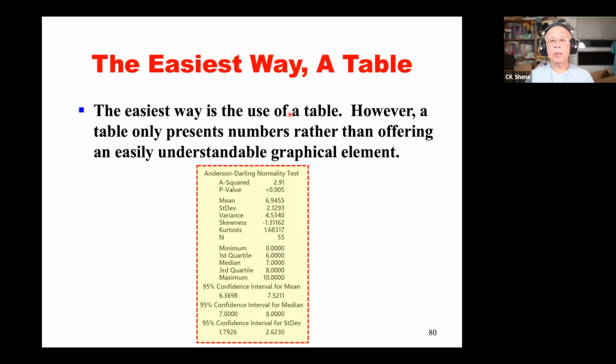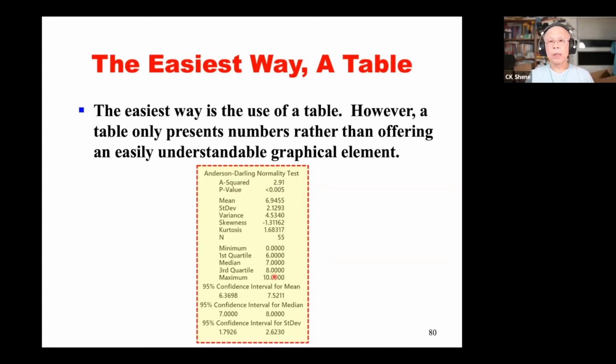The easiest way, a table. Here is a table. We see the p-value of the Anderson-Darling test, mean value, standard deviation, variance, skewness, kurtosis, minimum, Q1, median, and so on.